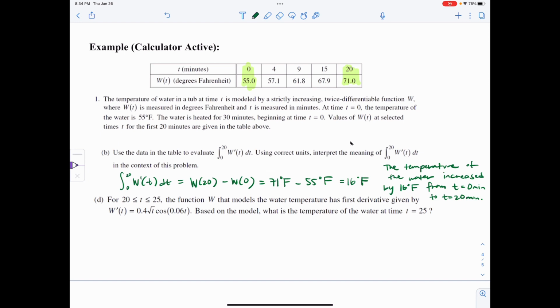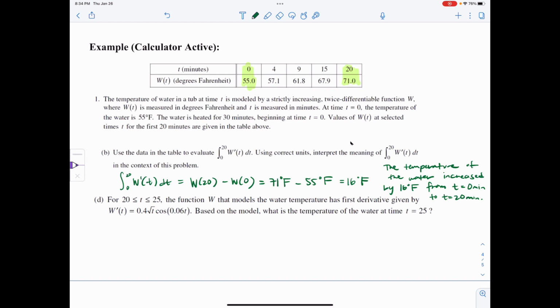Okay, so for t between 20 and 25 minutes, the function W that models the water temperature has first derivative given by W prime of t equals 0.4 root t cosine of 0.06t. Based on this model, what is the temperature of the water at t equals 25?